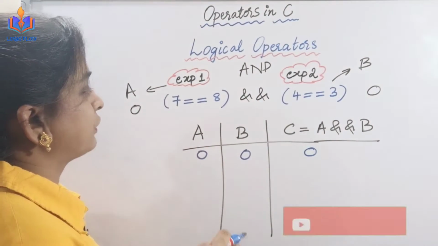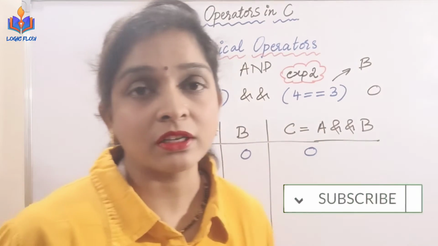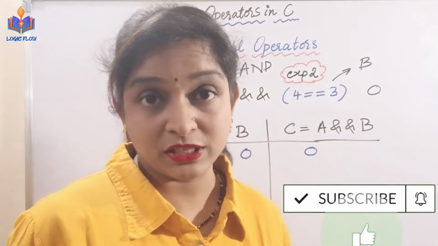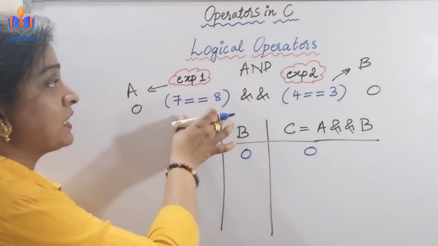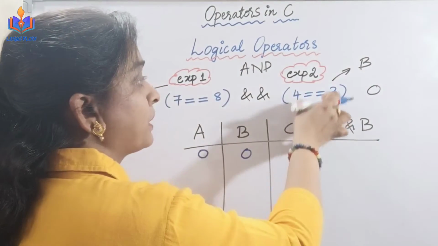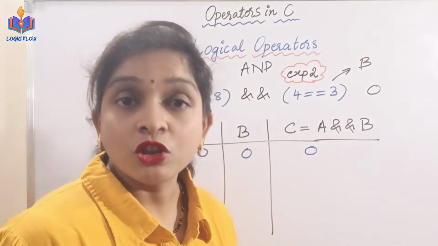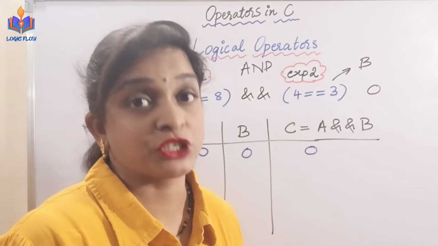Let me have one more expression. Actually, when I say logical operators, they operate on 2 or more operands. So minimum 2 operands we require. Here the first operand is an expression, and the second operand is also an expression. So I can say the logical operators work on 2 or more expressions.